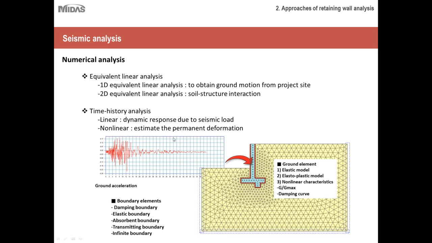But again, this type of nonlinear time history analysis, which will give you the dynamic response as well as permanent deformation, is not very often used, and it should be used only when it is a very critical project or is in a very high seismic zone. Then only this method is used. Otherwise, the majority of the time you would be using linear time history analysis.